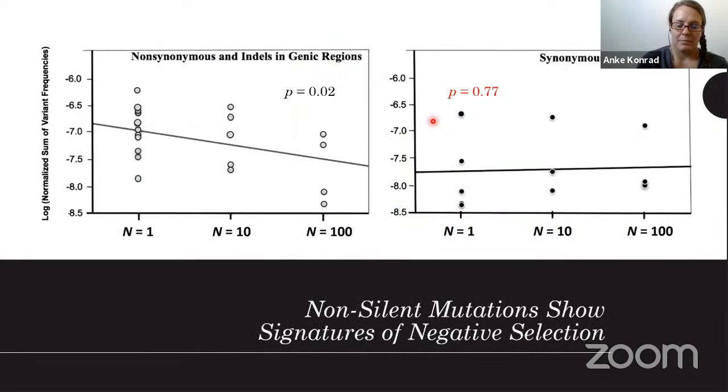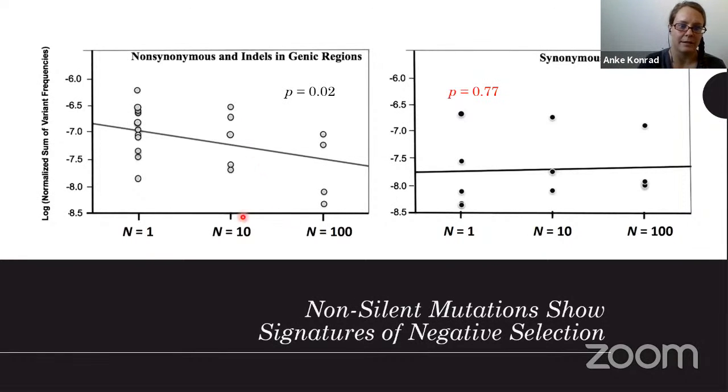However, if we compare mutations that are synonymous or intergenic and likely have no effect on fitness to those that are in genes and are non-synonymous or potentially frame shift mutations if they are indels, then we do not see a trend with population size for the putatively benign mutations, but we do see a significant negative trend with population size for those mutations that likely do have a functional change associated with them.